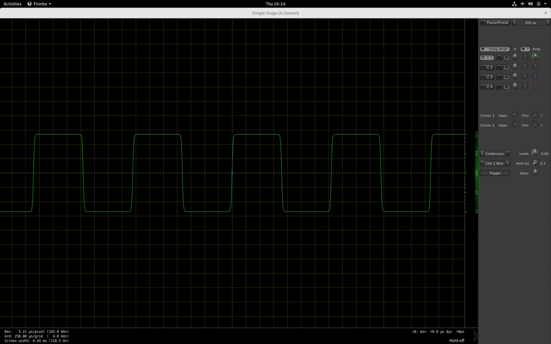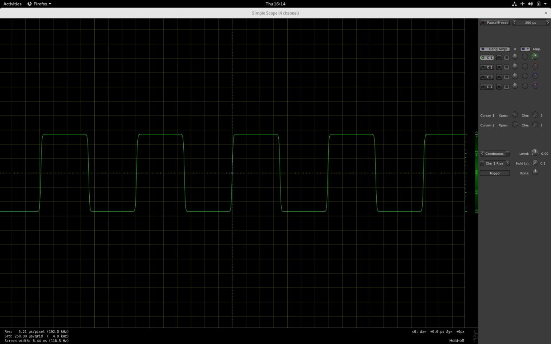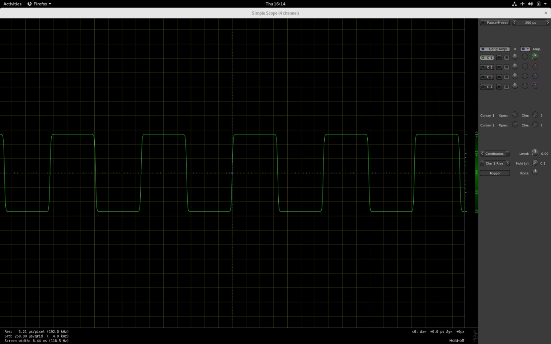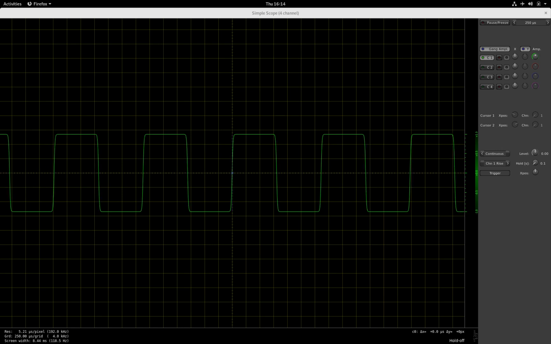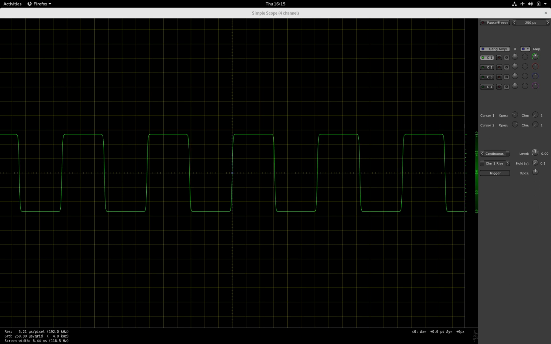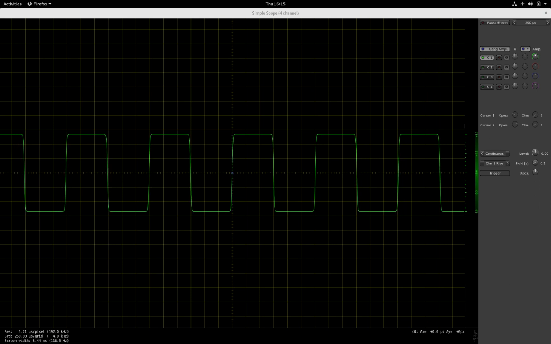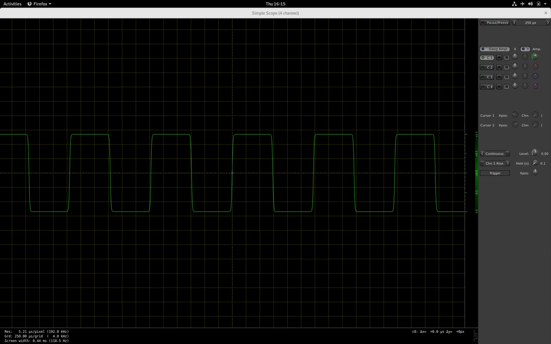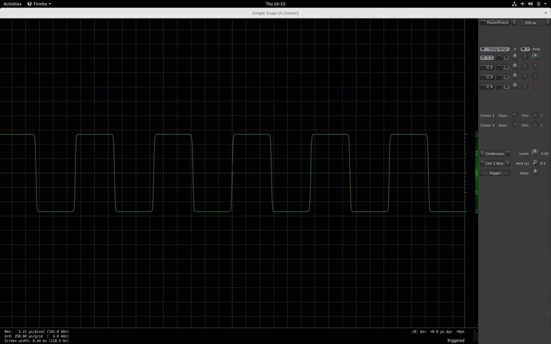And you will see that the basic characteristics of the signal remain the same. They're just moved closer together in the time domain. The basic shape of the signal always remains the same if we change the input frequency to our overdrive circuit.